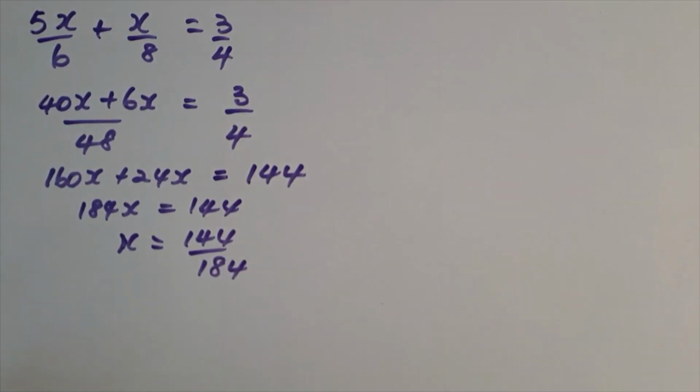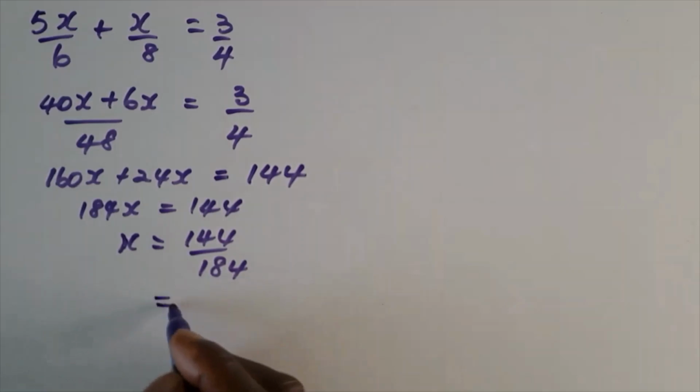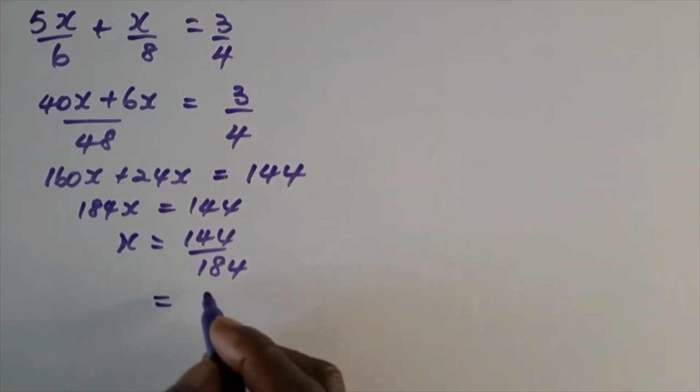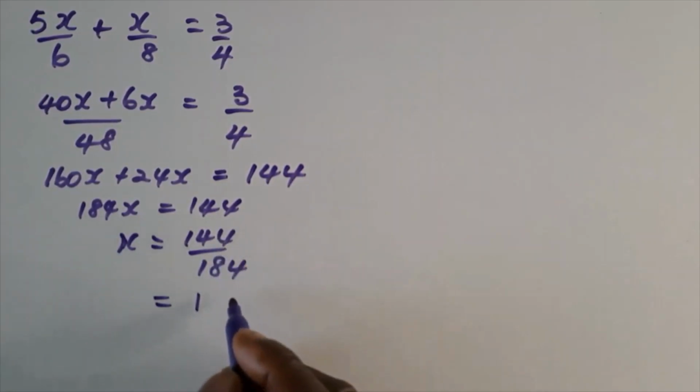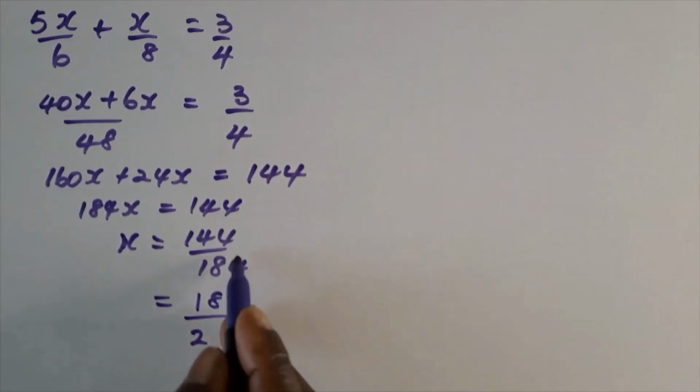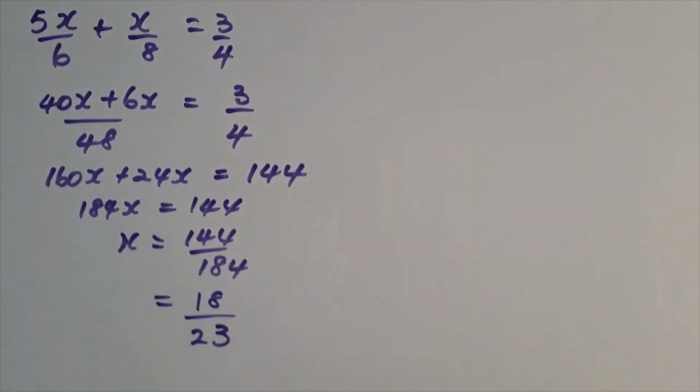If we simplify this by dividing by 8, we have in the numerator 8 ones 8, and 8 into 144 is 18, and in the denominator 8 twos are 16, remainder 2, 8 threes are 24.